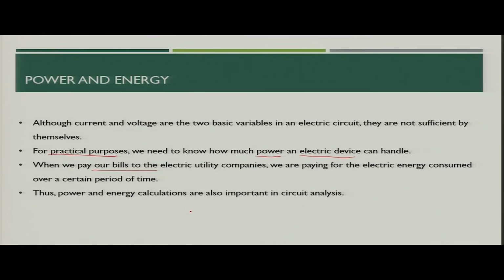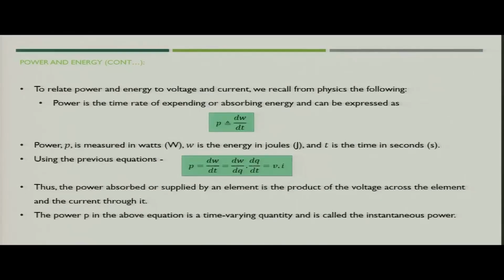So, power and energy are also an important portion of our circuit analysis. Now, let us find out how to calculate power and energy, because these are derived from voltage and current. Power is nothing but the time rate of expending or absorbing energy.